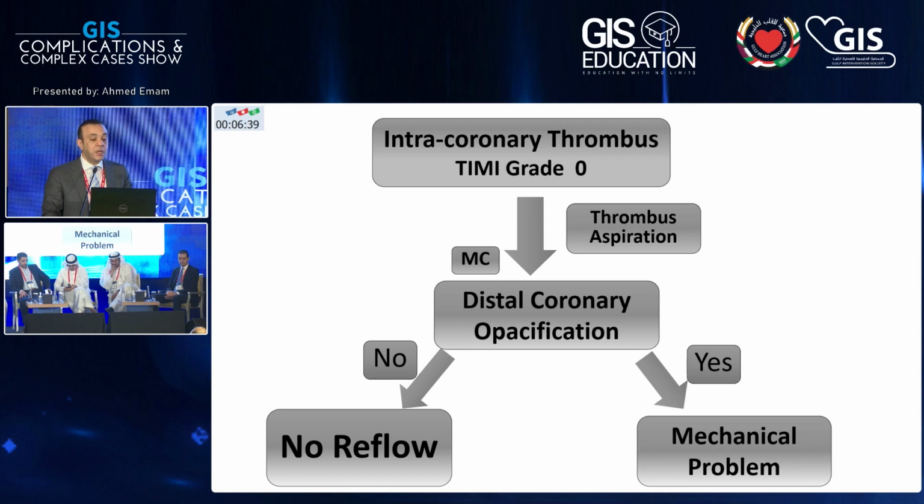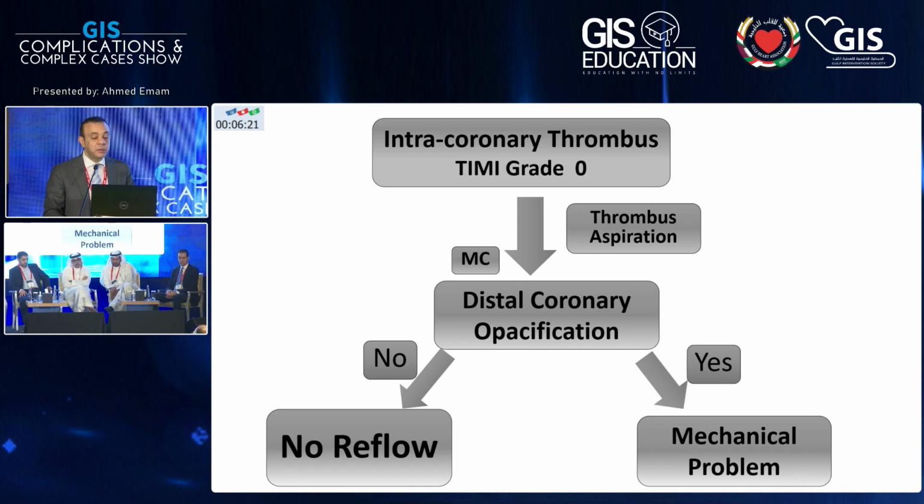Then if the flow is not so good, put the microcatheter distally and try to see what's going on in your distal coronary circulation. If you have good flow, then it's all about a mechanical problem. Just try to deal with it.